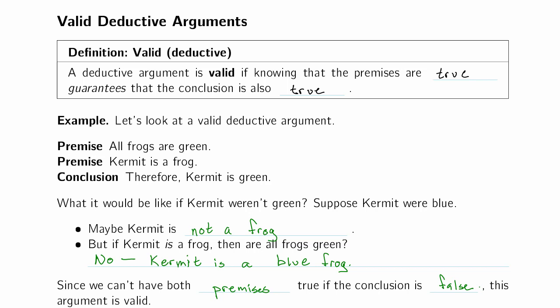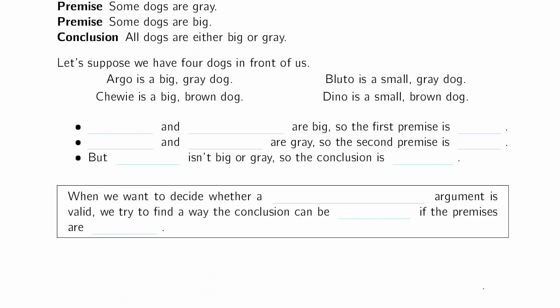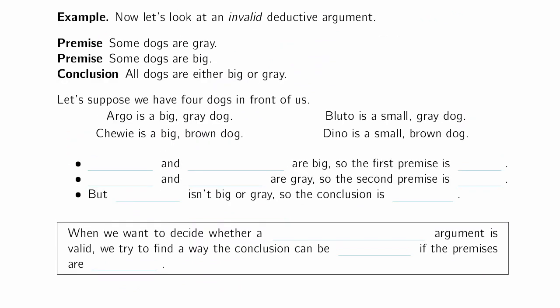Okay, here's what it looks like if the argument actually is not valid. I'm going to show you an invalid deductive argument now. So here's an argument. The premises are some dogs are gray, some dogs are big, and our conclusion is that then all dogs must be either big or gray.